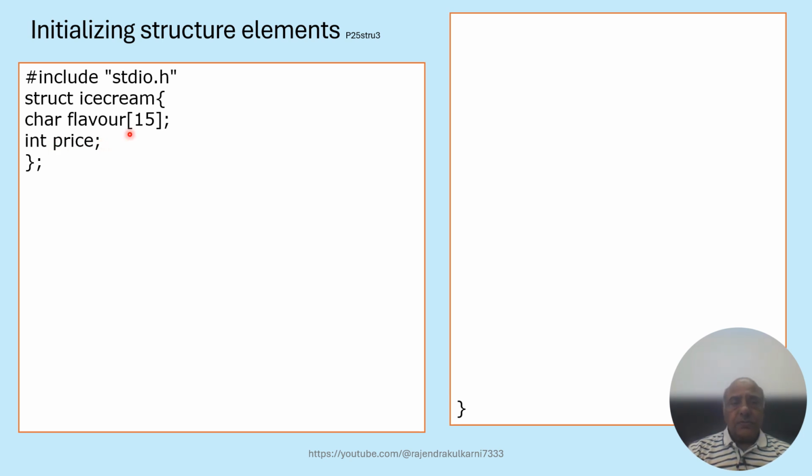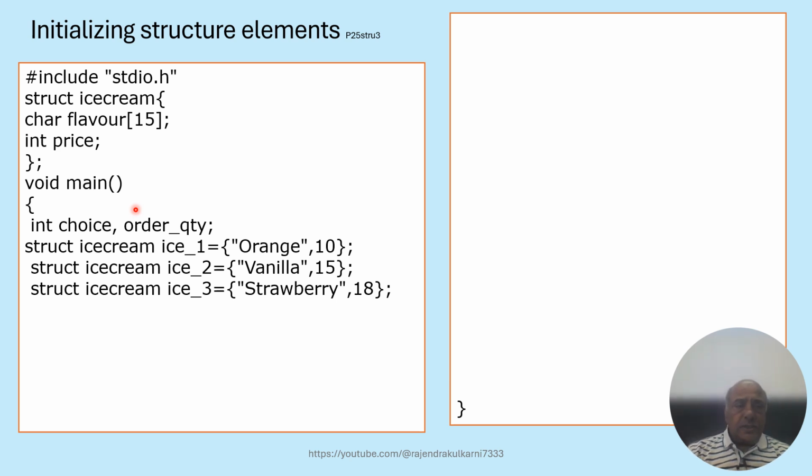One is a char flavor subscript 15. This is a string which we have declared to hold the flavor of the type of ice cream, and int price, the price of that particular flavor.